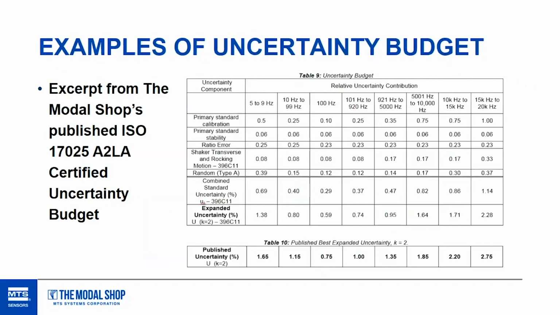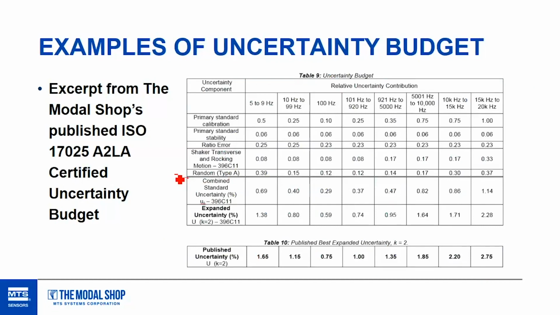Some of those are systemic errors, some of those are random errors. And across this point, about halfway down, we combine these. Below that line we have the combined standard uncertainty, which is a root sum square of all the components above it. That gives you a k equals 1, or one standard deviation of uncertainty.